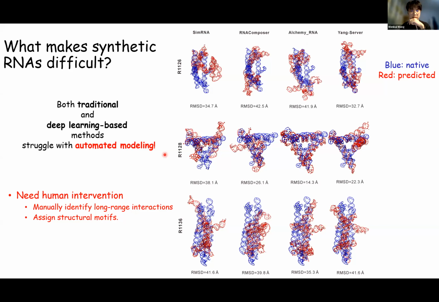Therefore, we conclude that the performance gap mainly comes from the difference between automated and human-intervened modeling, rather than from the difference between the deep learning-based and the traditional methods. In fact, both perform closely in terms of automated modeling.